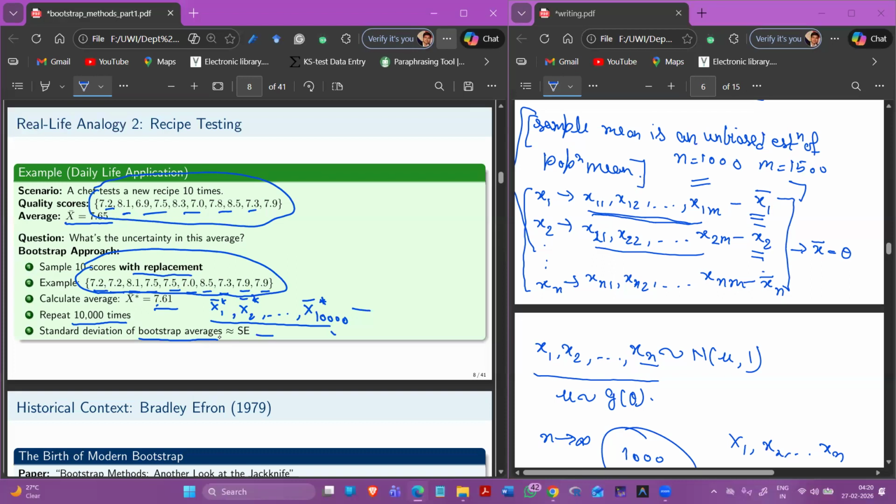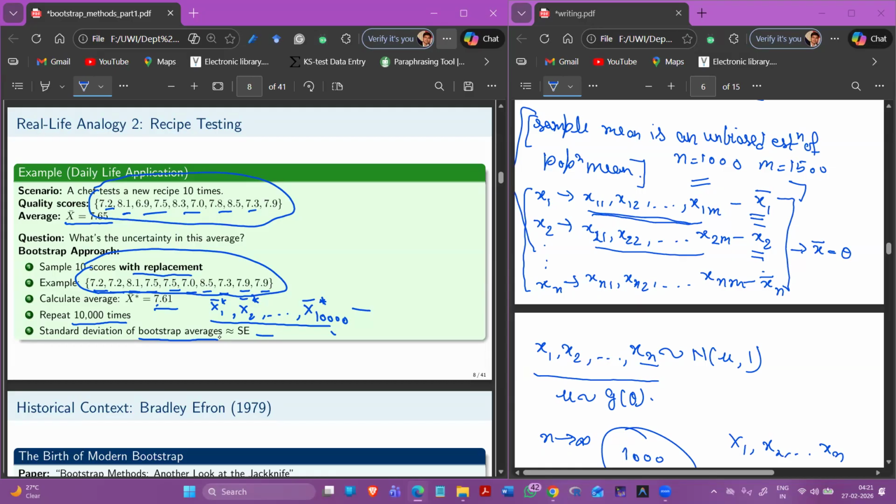No, what I'm saying is, when you have this sample right now, 7.2, 8.1, 6.9, 7.5, 8.3, 7, 7.8, 8.5, 7.3, 7.9, this is the only sample that I have. It is one sample with 10 observations. So I don't have x1, x2, xn, I have only x1.